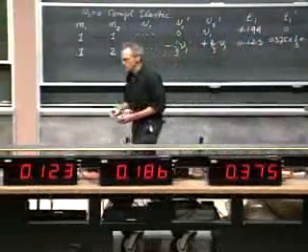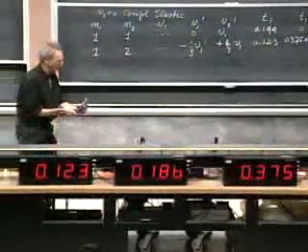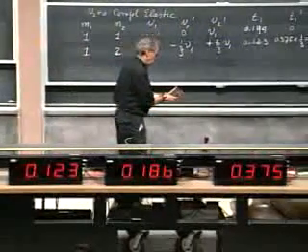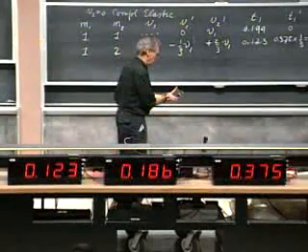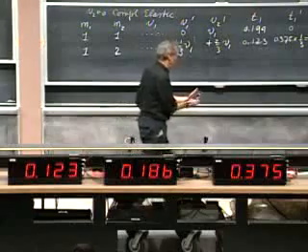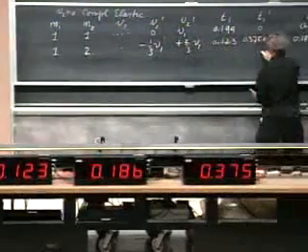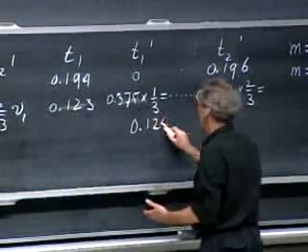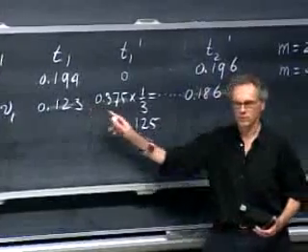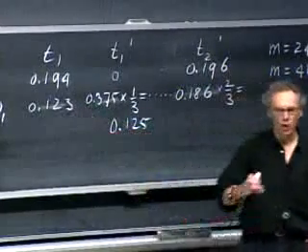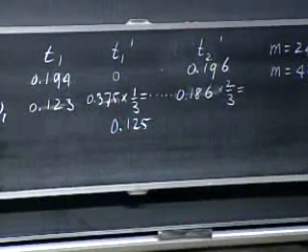Okay, let me be lazy and use my calculator. 375 divided by 3. I could have done that by heart, of course. This is 0.125. An amazing agreement. Amazing. Only 2% off, less than 2%.